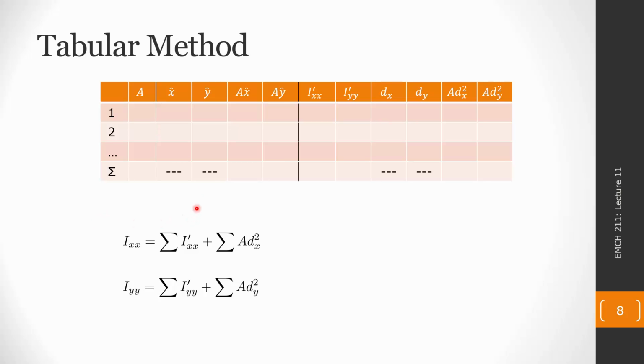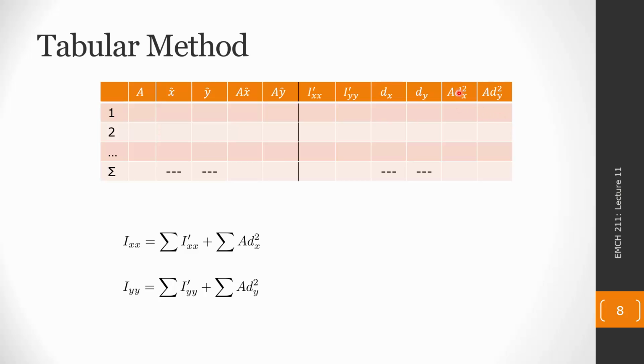So dx, we just have to do that difference. dy is going to be the x tilde of the shape minus x bar for the whole shape. So we already have all the ingredients, we just have to do that calculation. And finally, we're going to multiply per subshape its area times its dx squared, and then the area times the dy squared. So this is why the sign on dx and dy doesn't matter. The only thing we really use it for is squaring it and multiplying it by the area.